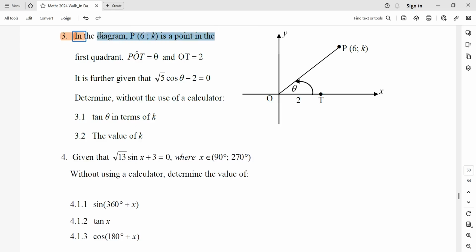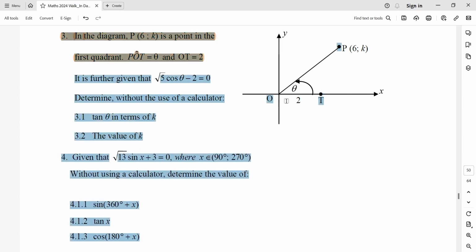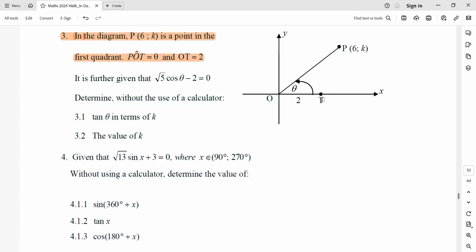Furthermore, angle POT is equal to theta, and side OT is equal to 2. As we can see here, this is the OT they're talking about. OT is 2. It is further given that root 5 multiplied by cos theta minus 2 is equal to 0.